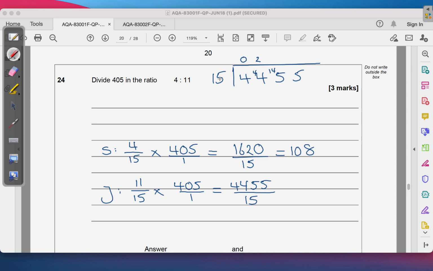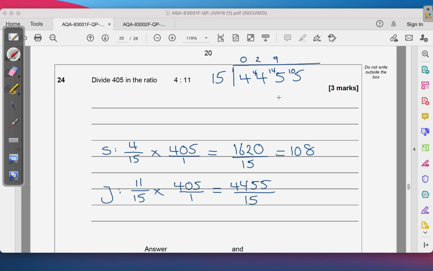Okay, and then 15 into 145, that's going to be 9 times with 10 left over, so 105.